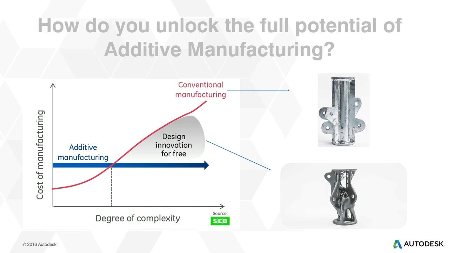With additive manufacturing, for the most part, the more complexity that you add to a part, it's the same price. You can see the part on the top is heavier than it needed to be. It doesn't look as new as it needs to be, but we've made it that way for the production process. With additive manufacturing, we can truly unlock levels of complexity that we haven't seen in the past.